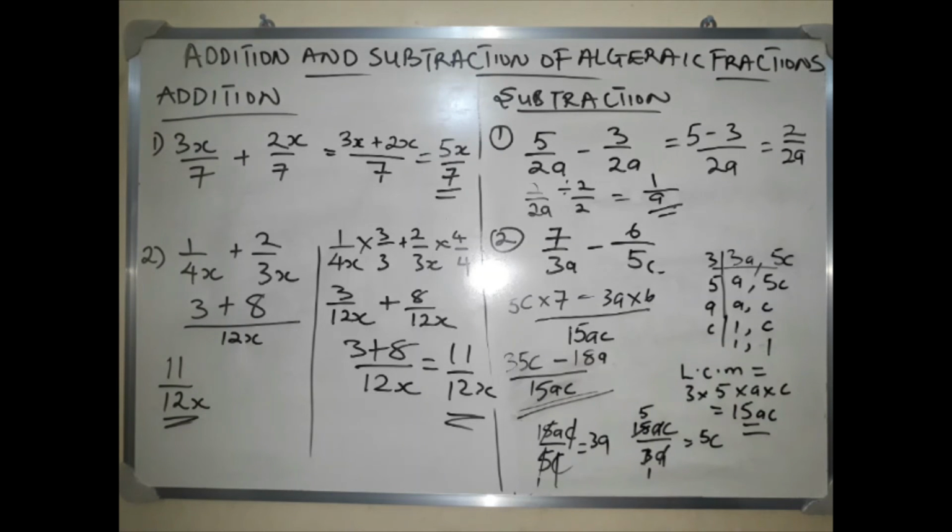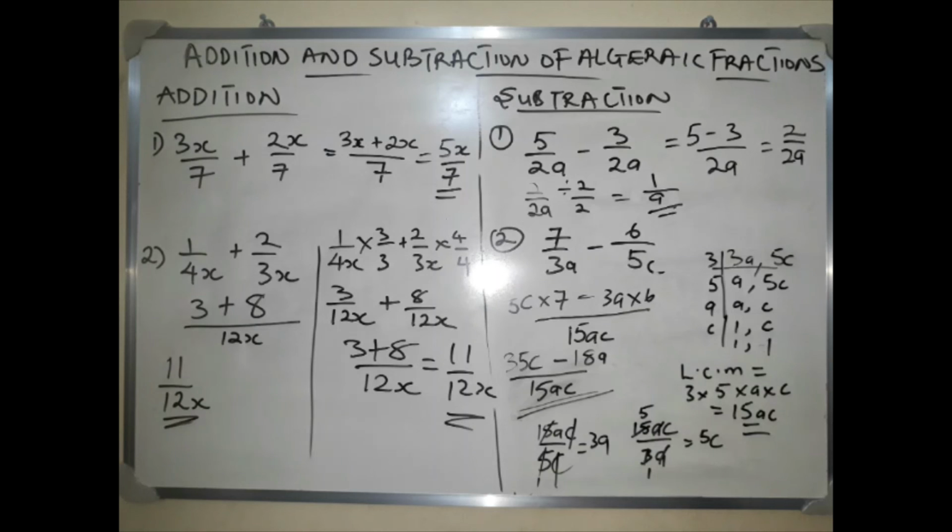So once again, when you're asked to subtract algebraic fractions, you have to ensure that those fractions have common denominators. If they don't have a common denominator, then you're going to have to find their LCM.